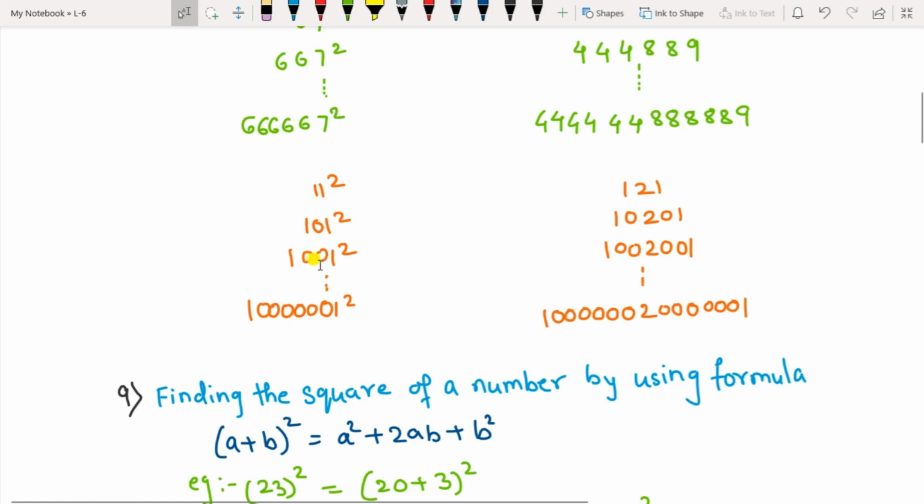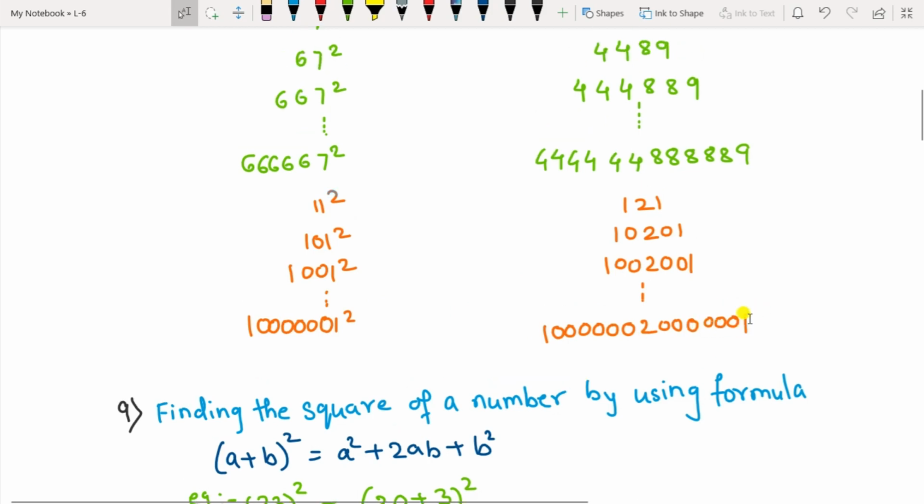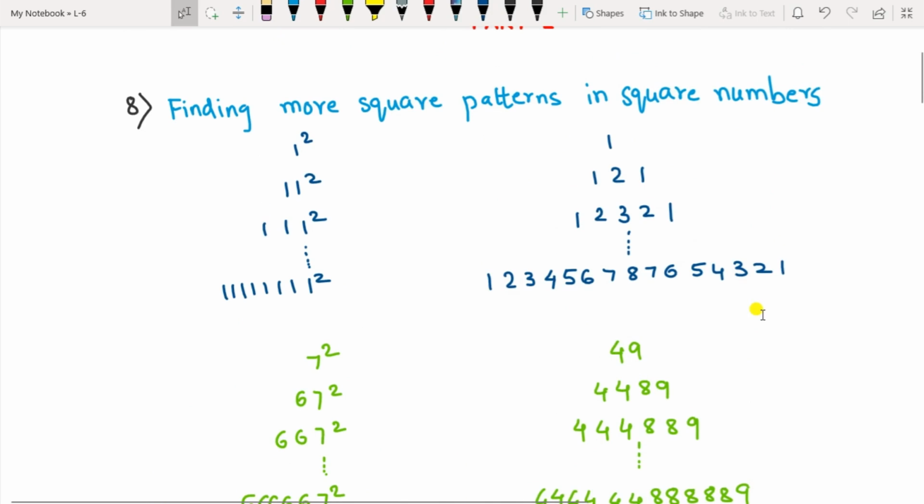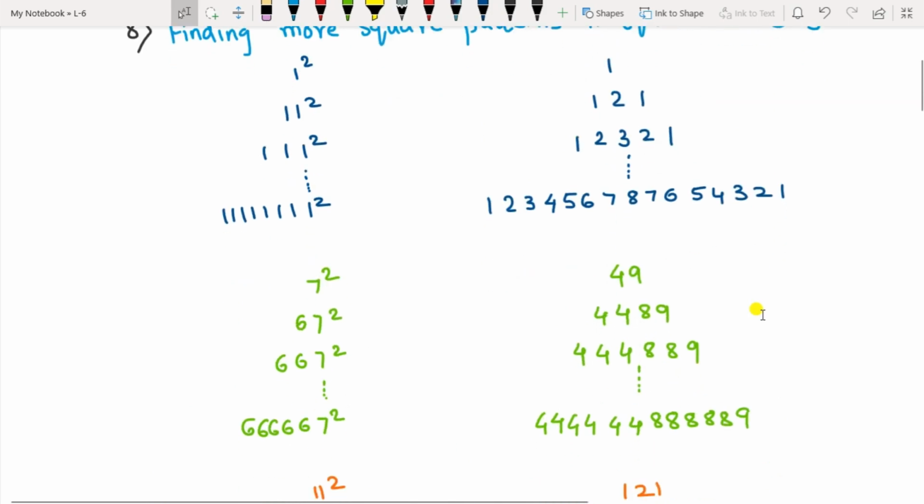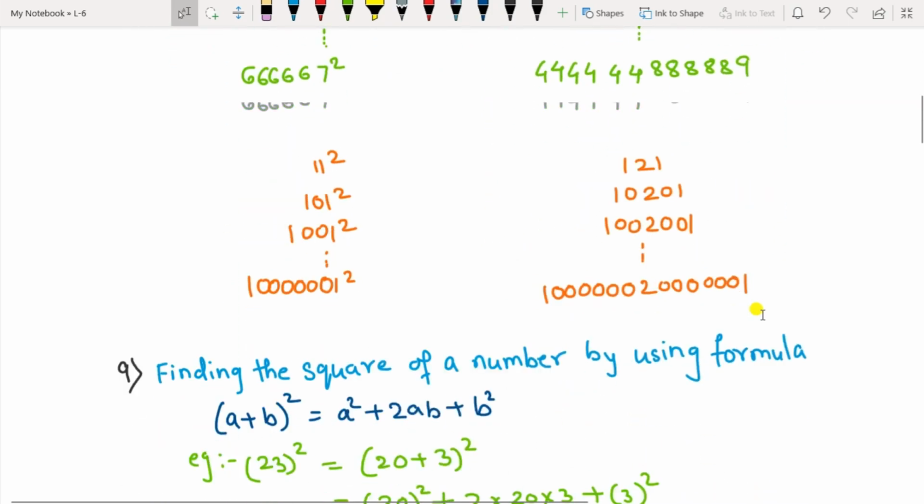The number of zeros goes on increasing in between the 1s, so that many 0s you have to write here. Suppose there are 6 zeros in between the 2 ones, then you have to write 1, 6 zeros, 2, again 6 zeros and 1. So these are some of the patterns you can remember, and you can easily write the square of such numbers.